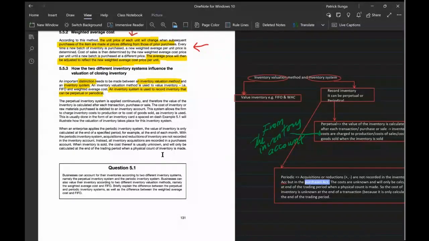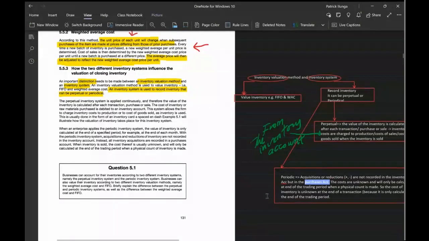where we do the check after a period of time. So we don't know at all times, when we're using a periodic inventory system, the cost of the inventory, because it's not like the perpetual.